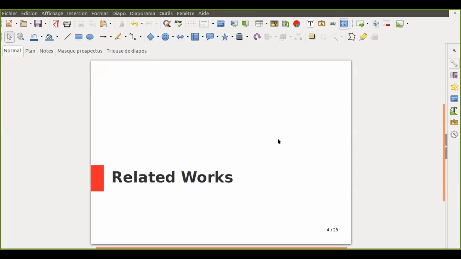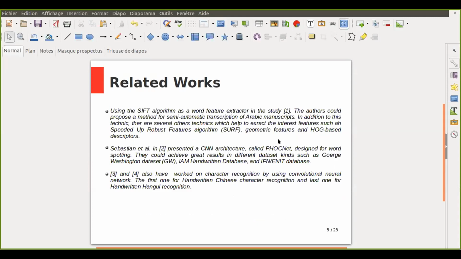Moving to the next part, which concerns related works. In this work, we separate the previous methods into two categories: traditional methods and modern methods. The difference is that the traditional methods use traditional techniques such as feature extractors and feature descriptors like SIFT and SURF.